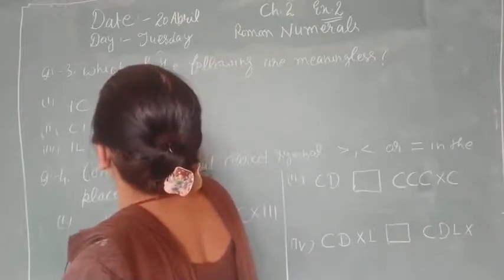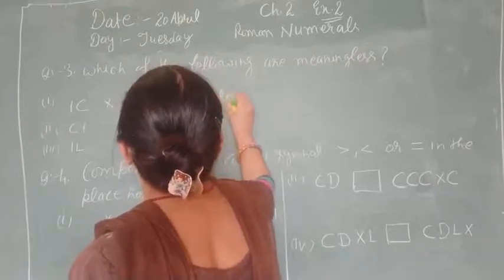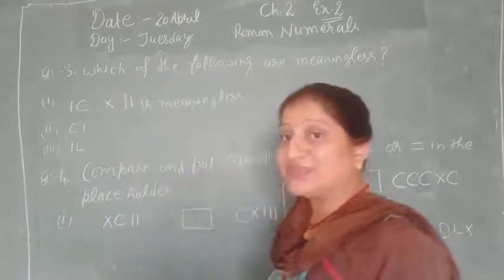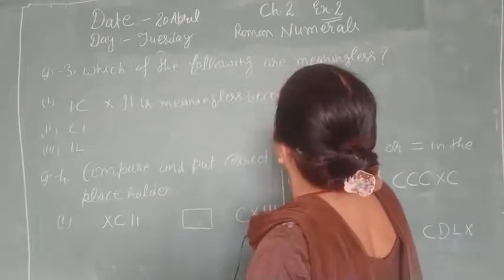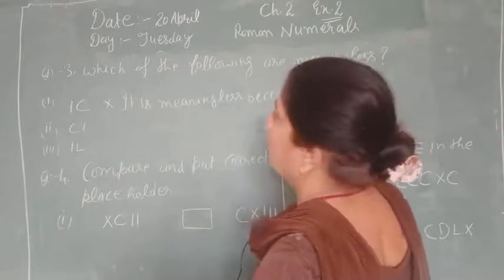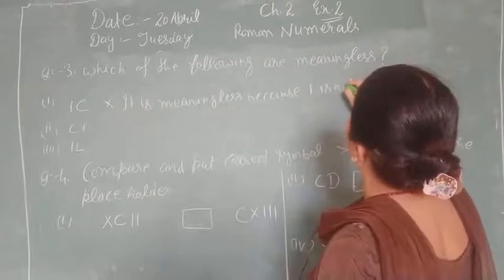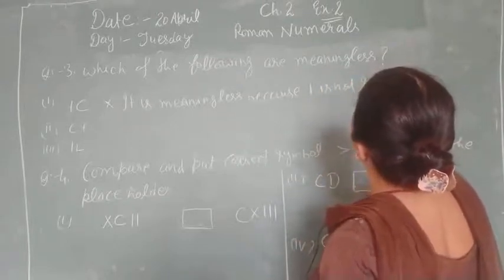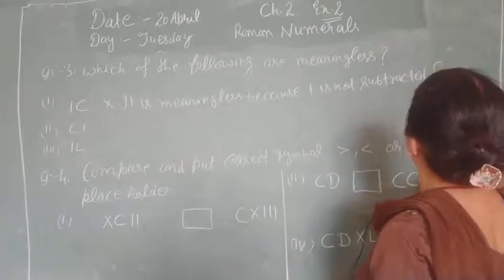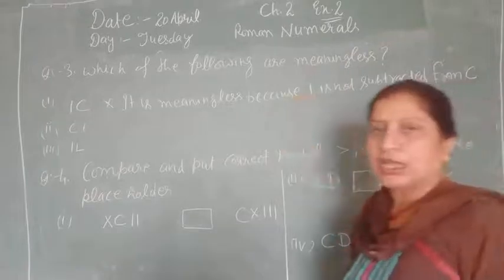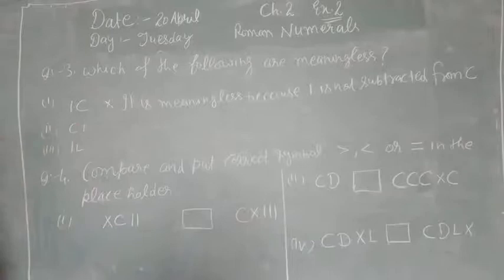Why is it meaningless? Because I is not subtracted from C. Clear this one?